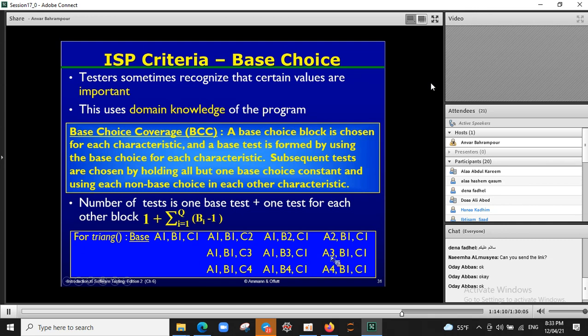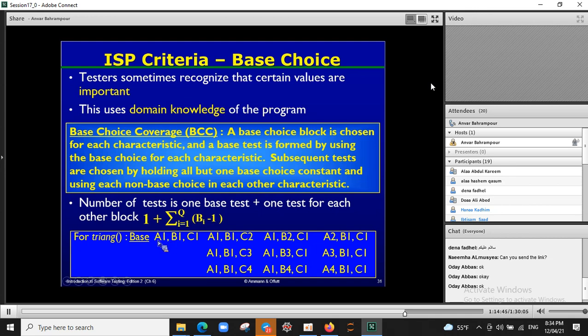In this test, B1 and C1 are the same as our base test. Just this choice is changed. In every one of these tests, just one characteristic is changed relative to our base test.